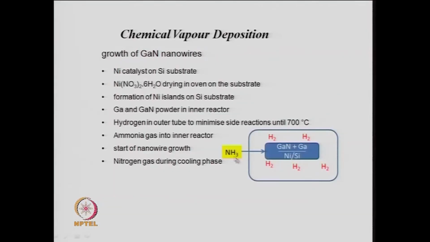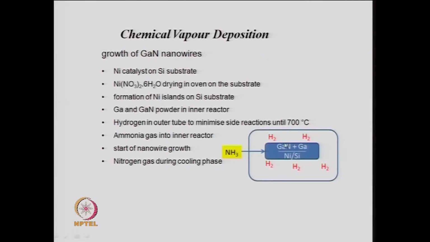At that temperature, when you pass ammonia, the reaction occurs and gallium nitride wires start nucleating on the nickel catalyst, and the growth of gallium nitride nanowire occurs. So, the gallium nitride which you added gets heated and then volatilizes and then redeposits on the nickel catalyst, and then the nanowires start growing.